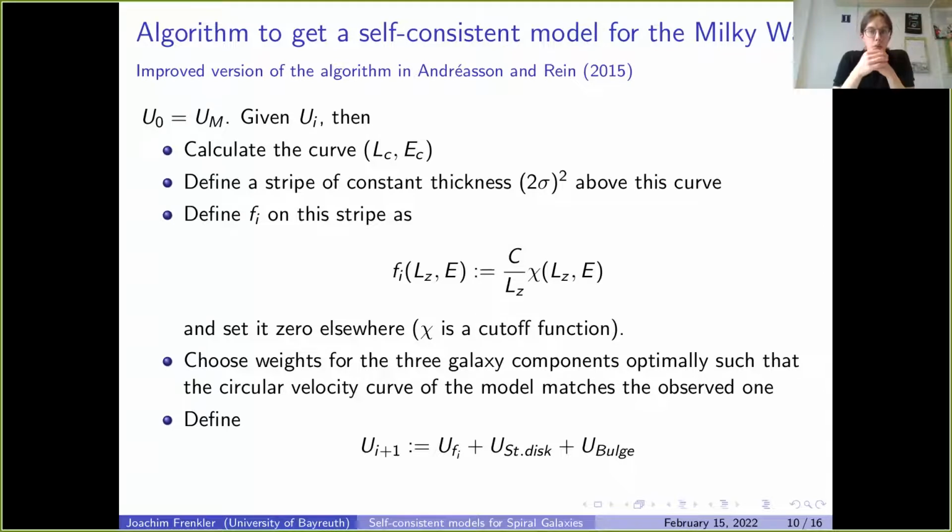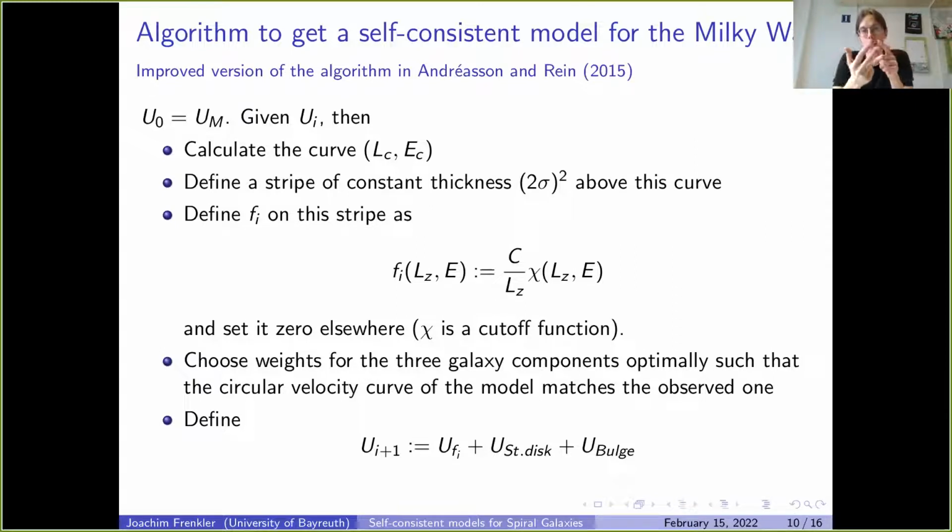This constant is no longer the constant that we used for the Mestel disk. There we were constrained to use a certain constant to get self-consistency. But this C will now be a free parameter. In the next step, we choose weights for the 3 galaxy components: ISM, bulge, and stellar disk.